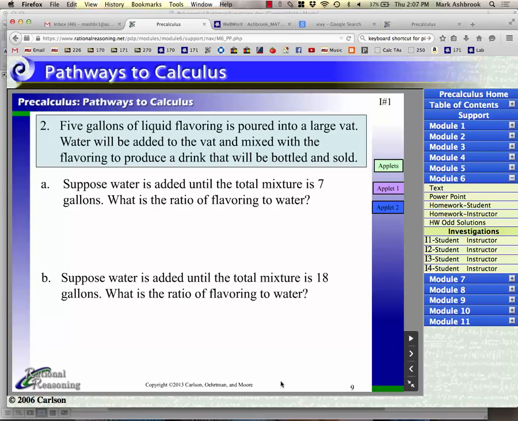So let's just read it together. 5 gallons of liquid flavoring is poured into a large vat. Water is going to be added and mixed with the flavoring to produce a drink that will be bottled and sold. There are actually 4 quantities flying around here in their questions.